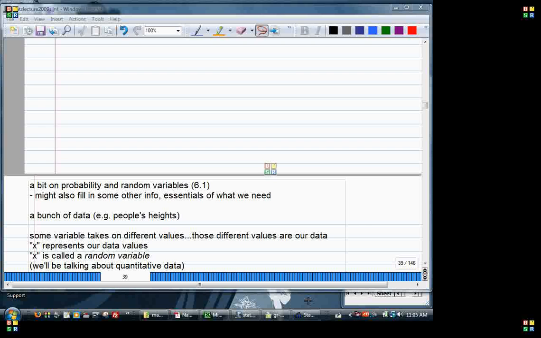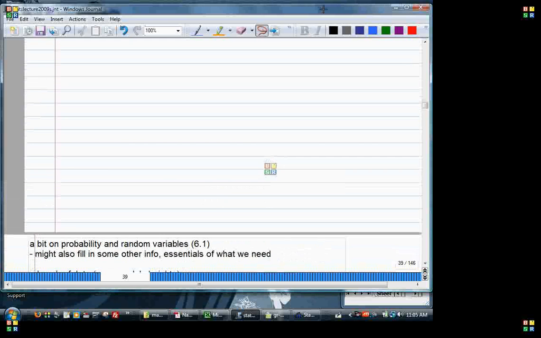So the first thing that we need to do is I need to give you some background information in order for you to understand the sorts of things that we'll be talking about. And so that topic is probability. So we're going to talk a little bit about probability.